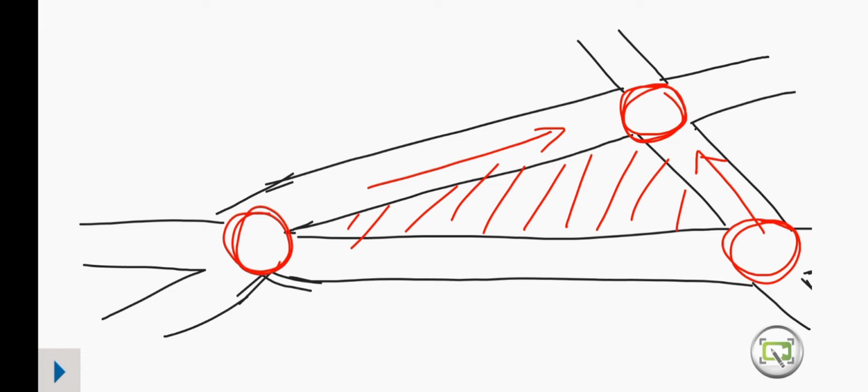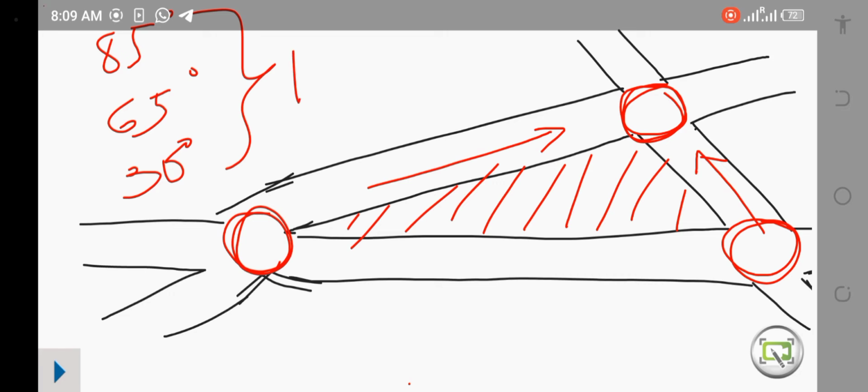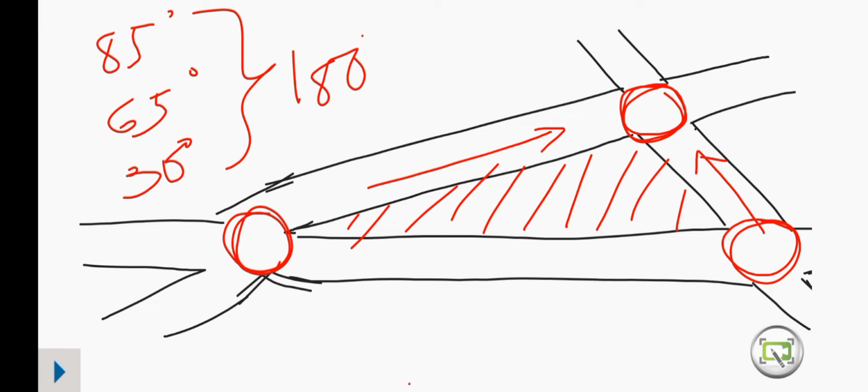So if one of the angles is 85 degrees and the other is 65 degrees, that means the other angle will be 30 degrees. This is because the sum of interior angles of a triangle adds up to 180. So when we add all this, we get 180 degrees.